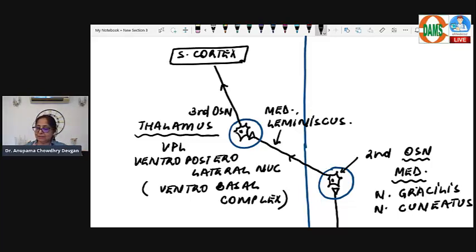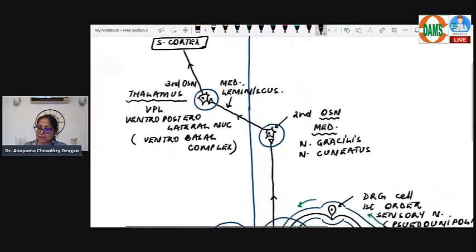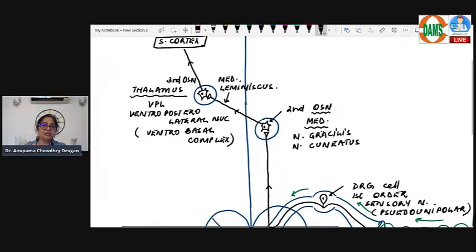Let's see this once again. Posterior column. First order sensory neuron is the DRG cell, or the dorsal root ganglion cell, which is a pseudo-unipolar neuron. The central process enters into the spinal cord, goes into the posterior aspect of the spinal cord, ascends upwards. The first synapse is in the medulla, nucleus gracilis, nucleus cuneatus.